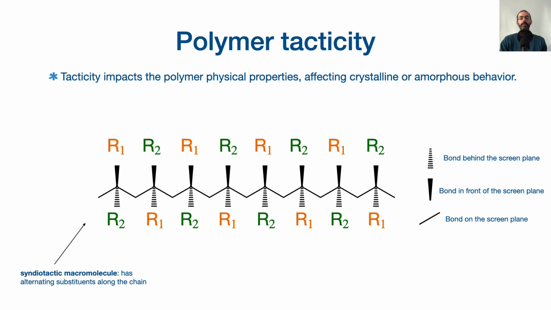Okay, so again, the structure influences the degree to which a polymer has a rigid, crystalline long-range order or flexible, amorphous long-range disorder. Here, now we see a syndiotactic polymer chain, so one that has alternating substituents along the chain. You see, R1 and R2 are not anymore all on one or the other side, but they really are alternating.